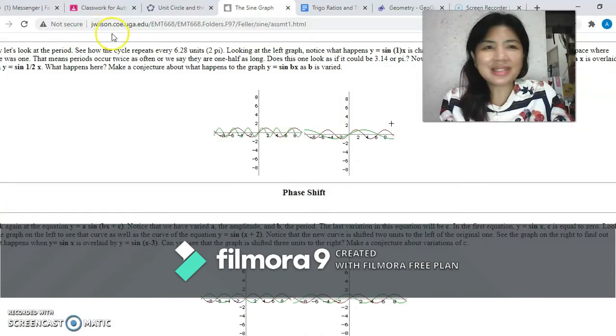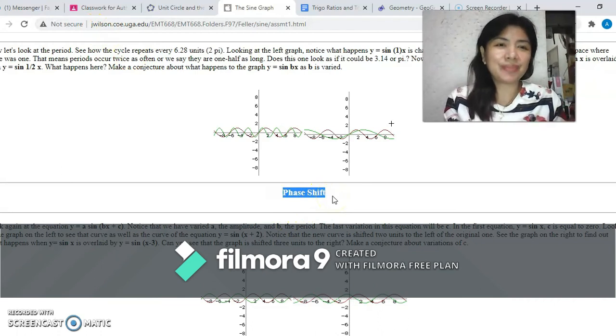According to J. Wilson, C implies the phase shift. What do you mean by that?